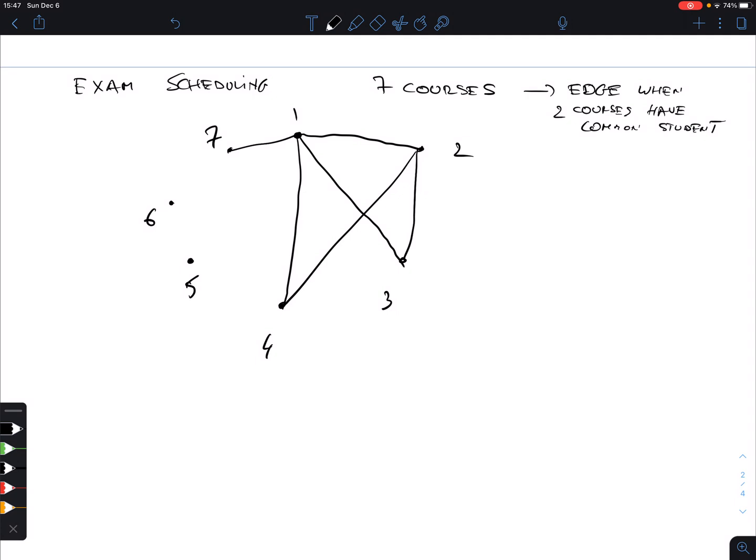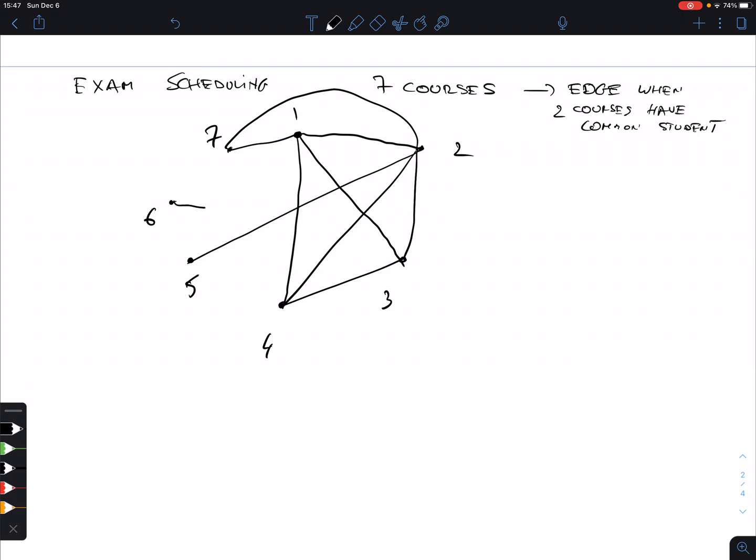2 and 5, 2 and 7 have one in common. Now I don't claim this is a planar graph, right? This is no longer the 4 coloring problem. Okay, so 2 and 7, 3 and 4. I'm not even trying to avoid crossings, but this one I didn't want to cross too much. 3 and 4, 3 and 6.